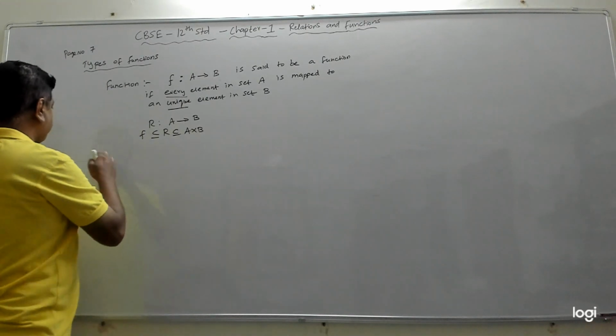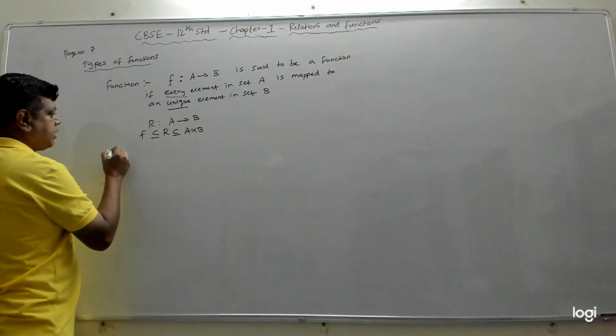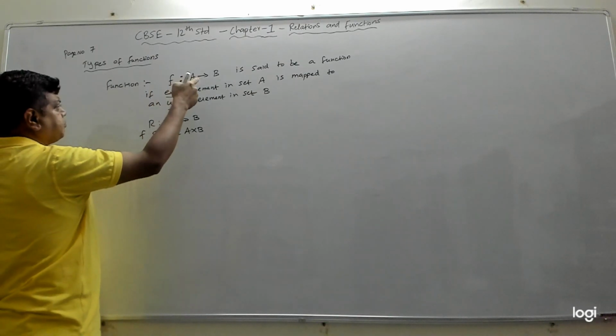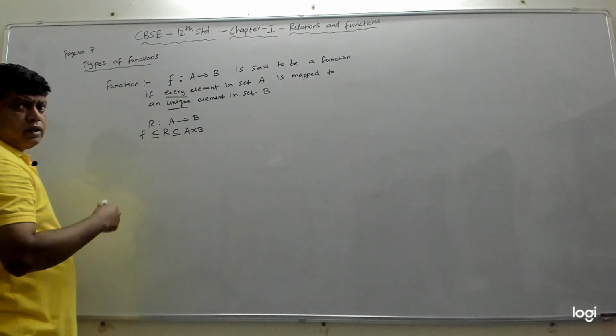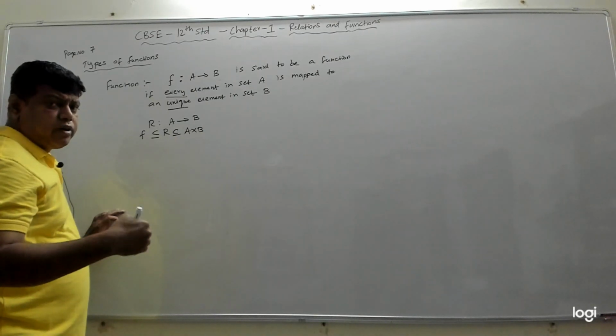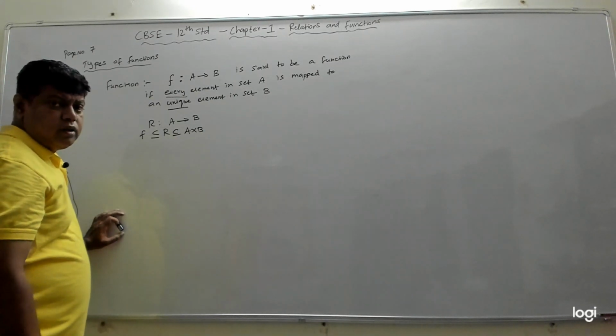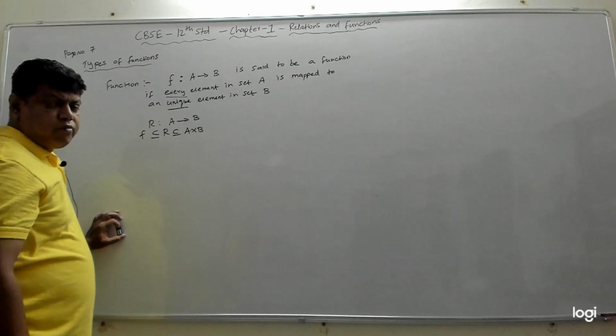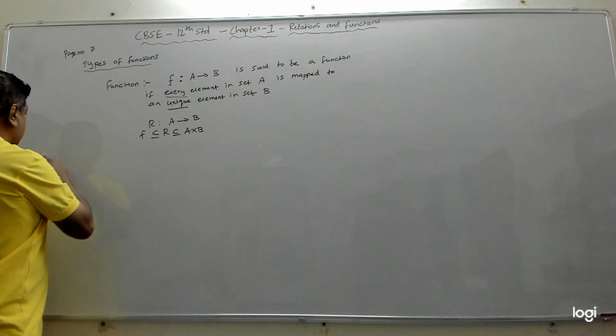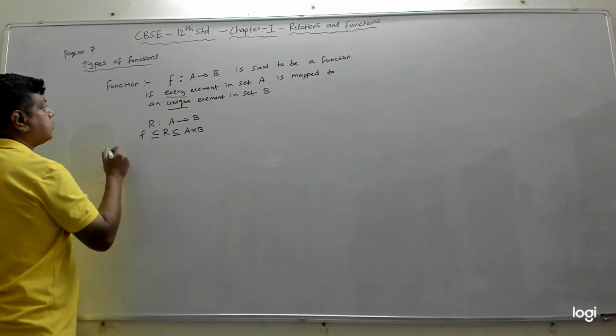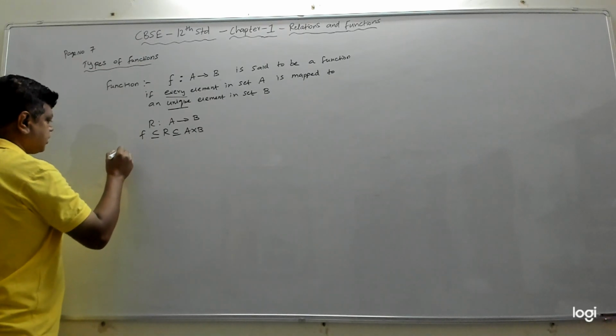So we'll see some examples for a function. We can represent our function in different representations that you would have studied, in set form or in arrow diagram form. Suppose there is a function, and I'm using this arrow diagram representation.